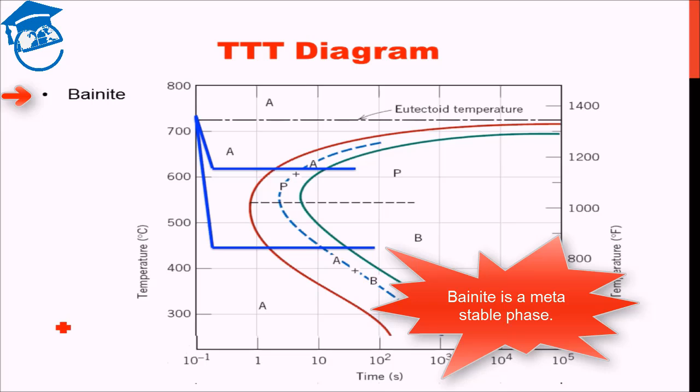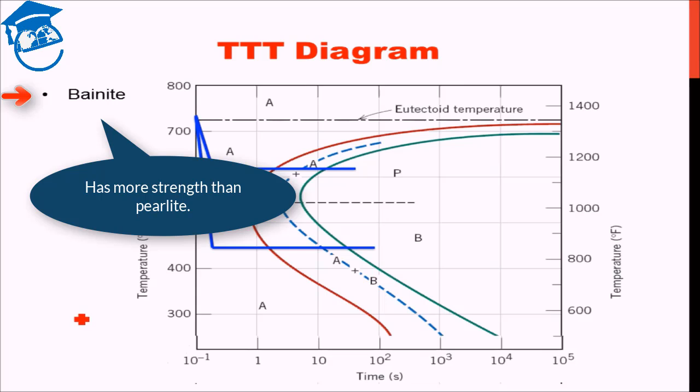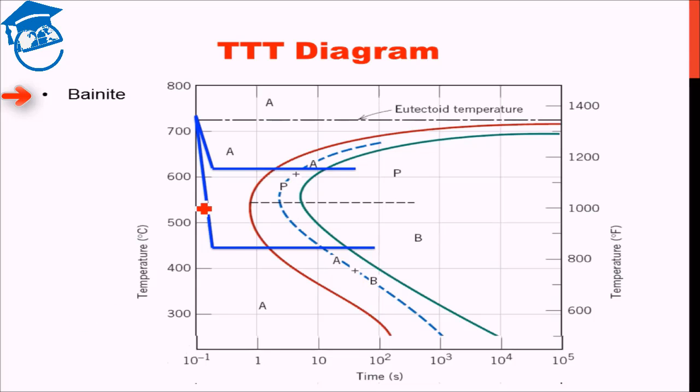We'll not go into the details of that. It has a much higher strength and hardness than pearlite, and thereby using this heat treatment, when we require higher strength and higher hardness than pearlite, we actually form bainite rather than pearlite. We do not isothermally cool the austenite above 550 degrees Celsius, rather we cool it below 550 degrees Celsius.